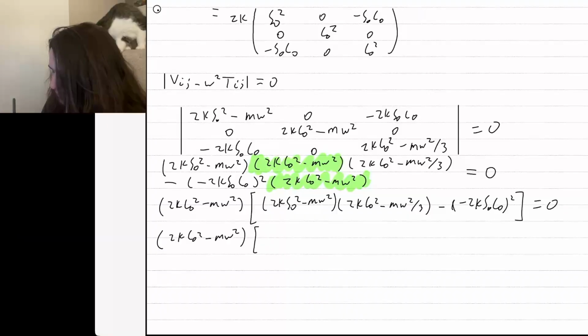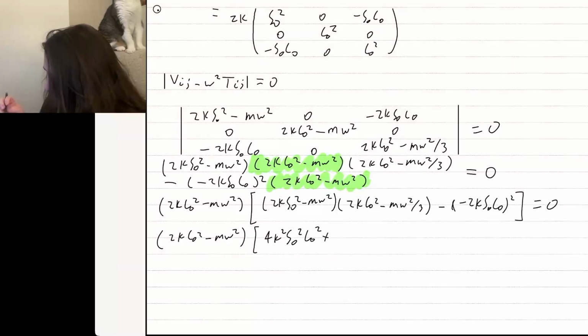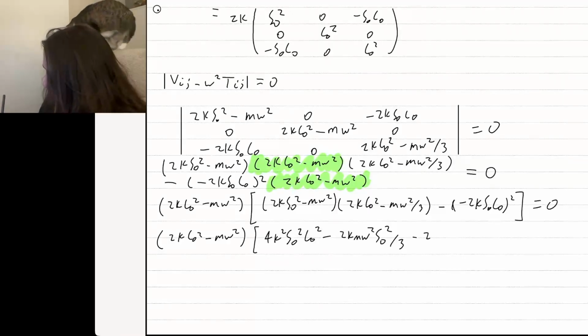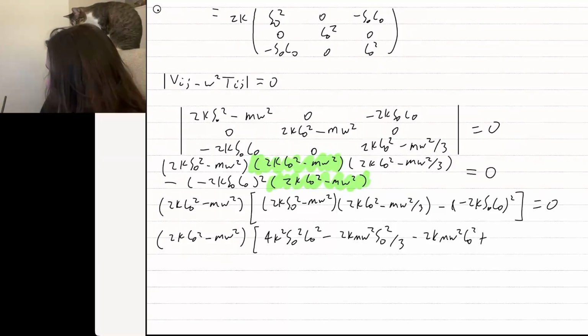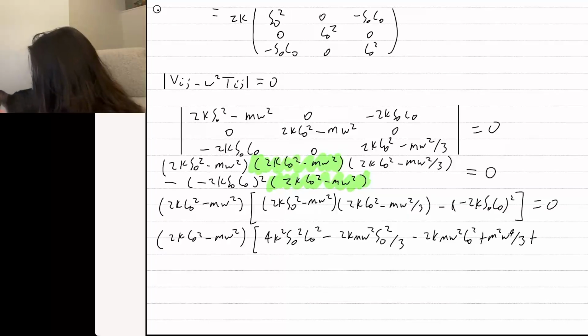We've got 4k squared s naught squared c naught squared plus, no, that's minus, minus 2k m omega squared s naught squared over 3 minus 2k m omega squared c naught squared plus m squared omega fourth over 3 plus, or no, this is minus 2, minus 4k squared s naught squared c naught squared.